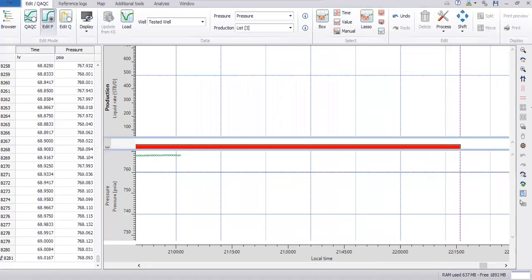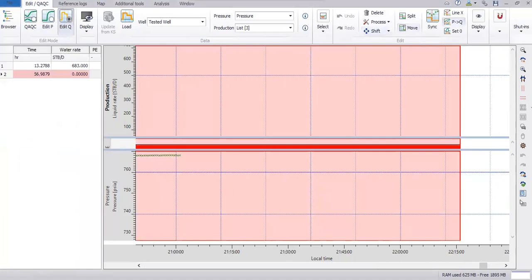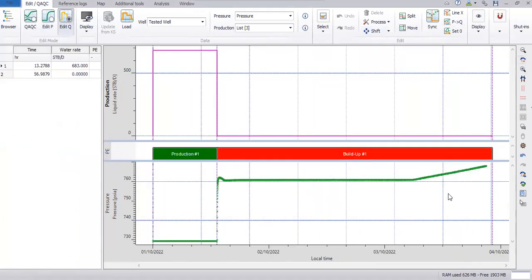So this one will be, okay, so I'm going to change the, all right, doesn't matter, it's okay, because we start here from this pressure. So for the flow rate, it will be 557379.